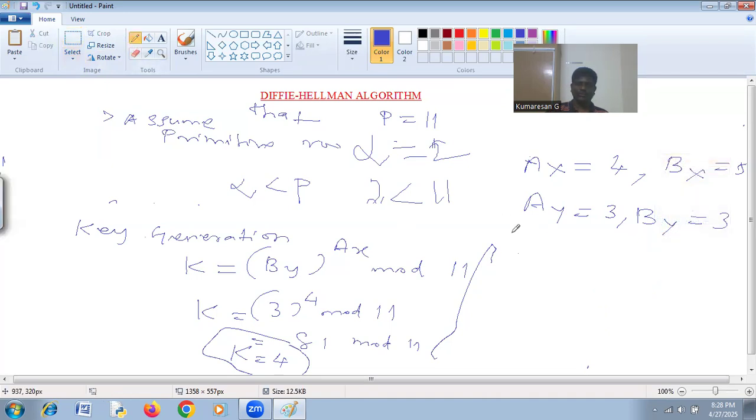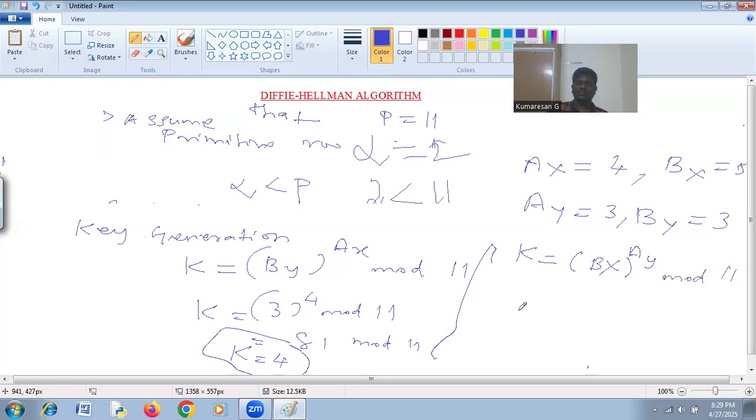So K is equal to, with the help of the sender side public key and the receiver side private key. What is the sender side public key, B? With the help of the sender side public key and the receiver side private key Y, K is the public key power Y mod 11.